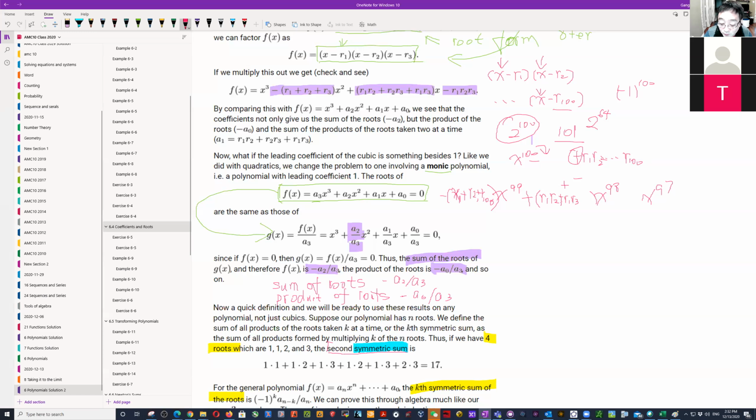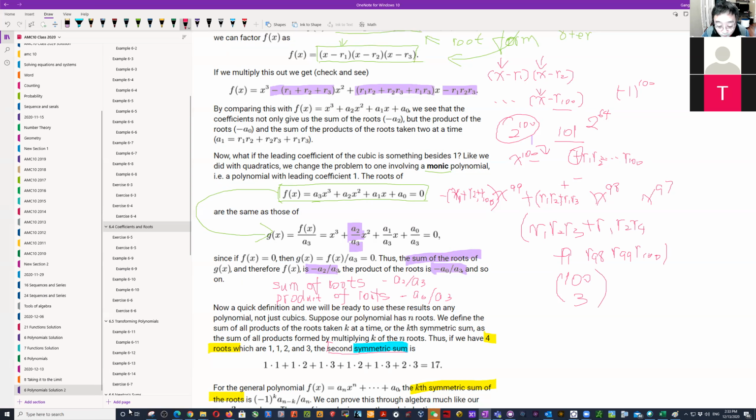The third symmetric sum is all the possibilities: R1 R2 R3, then R1 R2 R4, something like that, all the way to R98 R99 R100. So how many terms do you have? In statistics, it's 100 choose 3. This is the notation for choosing.